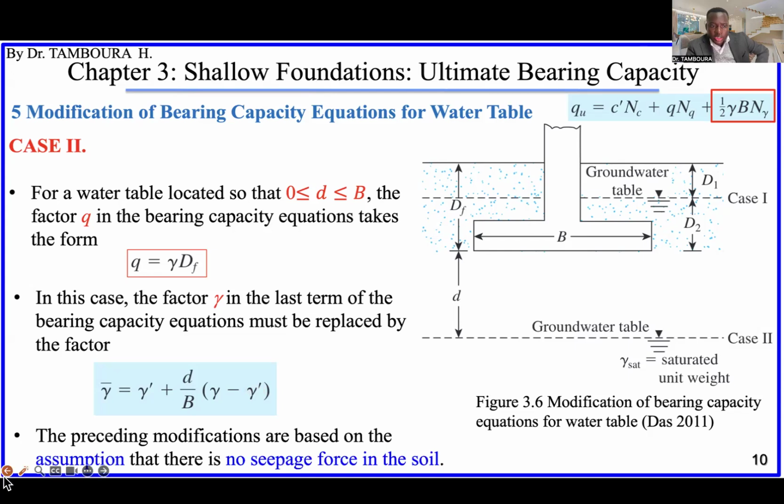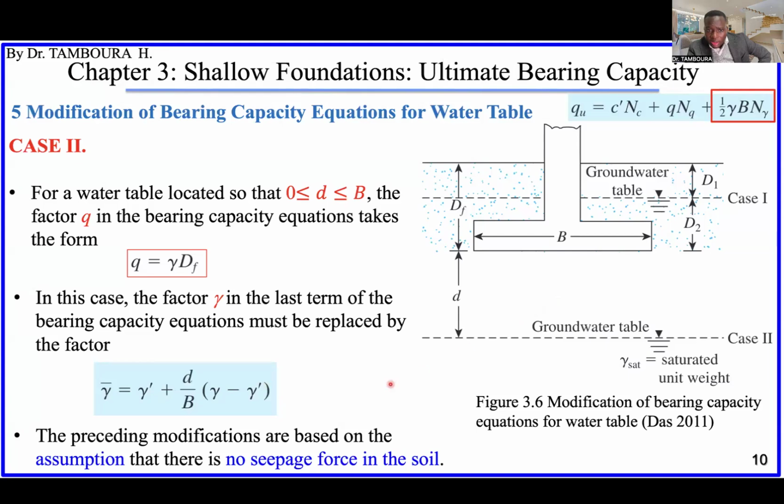So this is the modification when we assume that there is no seepage force in the soil. If there is no seepage force in the soil, we can assume this modification. So gamma prime plus D divided by B times gamma minus gamma prime. In that case, the gamma will be the dry gamma.